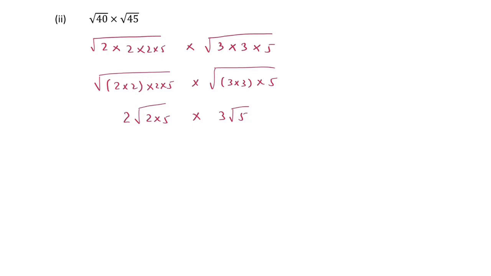Then we are having 2 times 3 times under root 2 times 5 times 5. And also the root for 5 times 5 equals 5. Then our expression is going to be 6 times 5 times under root 2. Solving this, we are having 30 under root 2. And this is going to be our final answer.